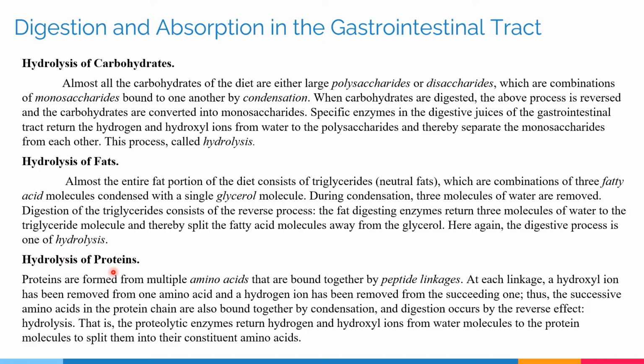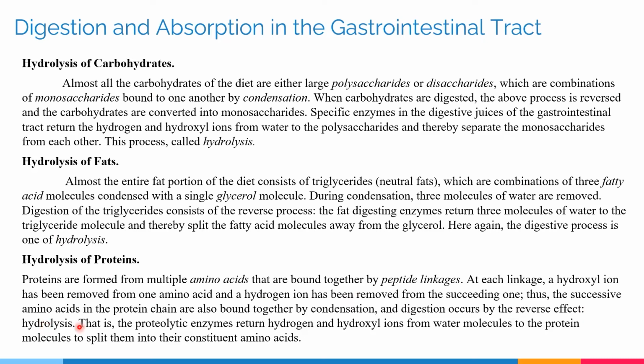Next is the hydrolysis of proteins. Proteins are formed from multiple amino acids that are bound together by peptide linkages. At each linkage, a hydroxyl ion has been removed from the one amino acid and a hydrogen ion has been removed from a successive one.